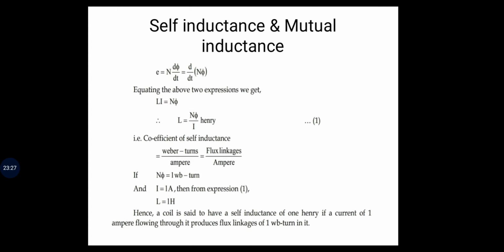Here N phi is Weber turns. If L equal to 1 Henry and I equal to 1 ampere, then the flux linkage is 1 Weber turn.